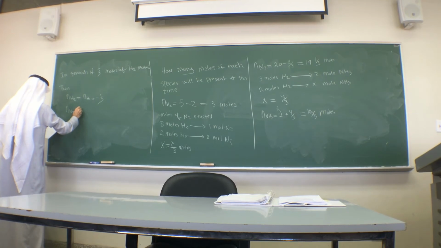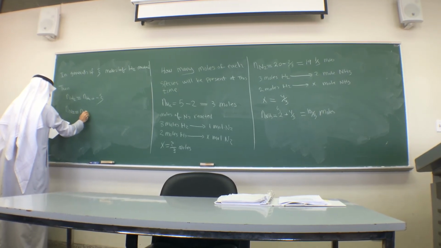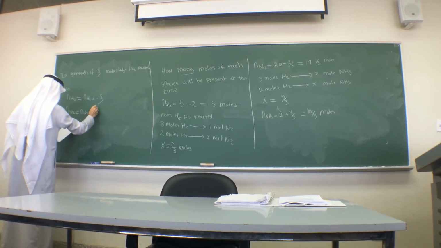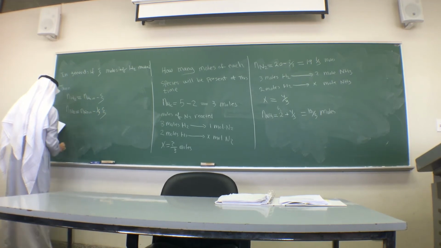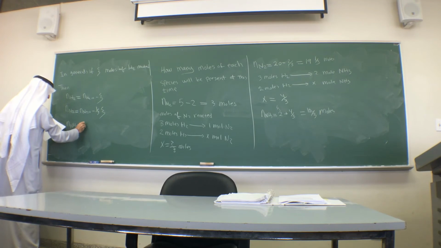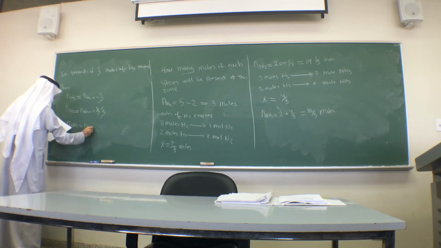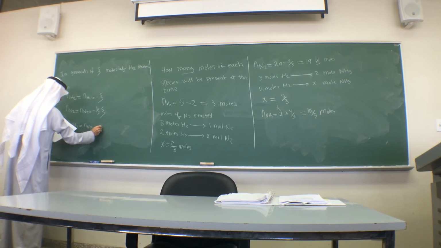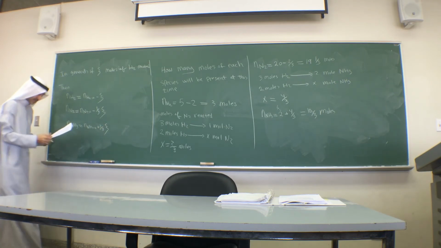N2 will equal N2 0 minus 1/3 zeta. And NH3 equals NH3 0 plus 2/3 zeta.